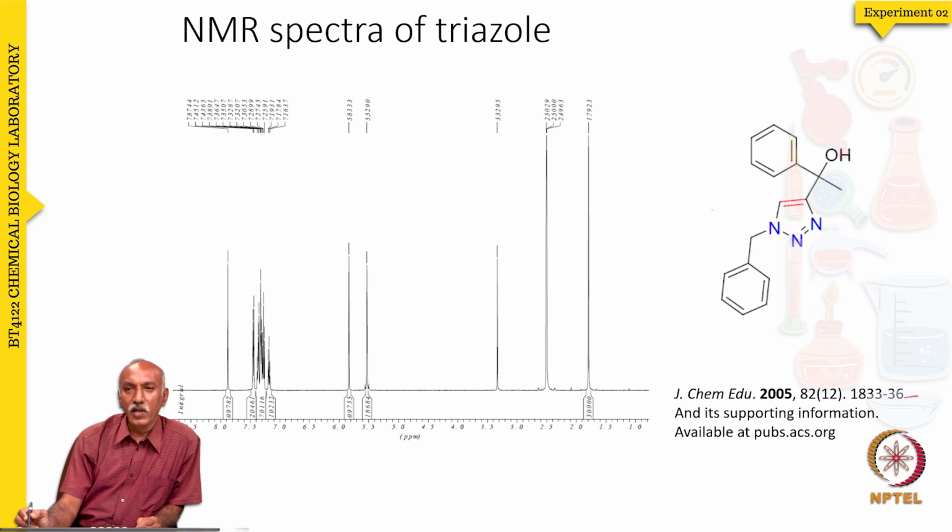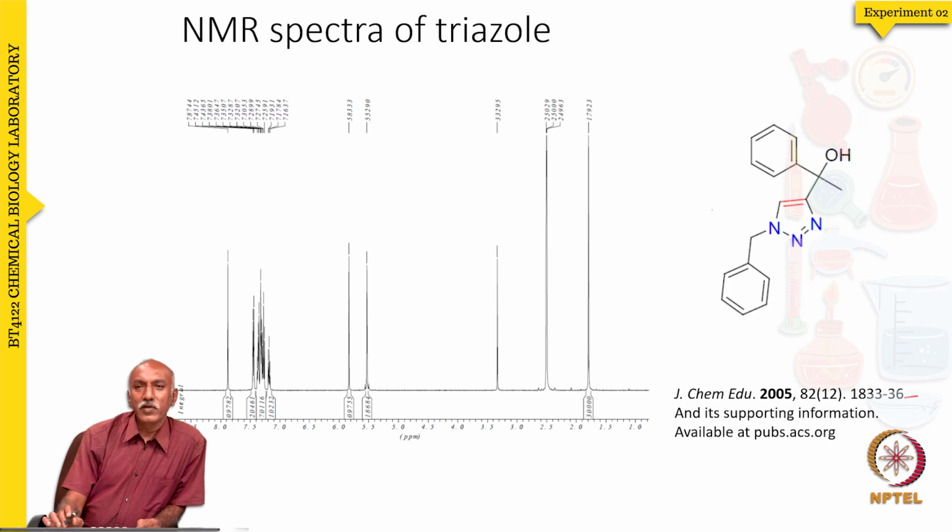That is the Journal of Chemical Education 2005, volume 82, issue number 12, page number 1833 to 1836. Apart from going through the article, please also go through the supporting information of the literature reference we are giving you. All these things are available at pubs.acs.org.